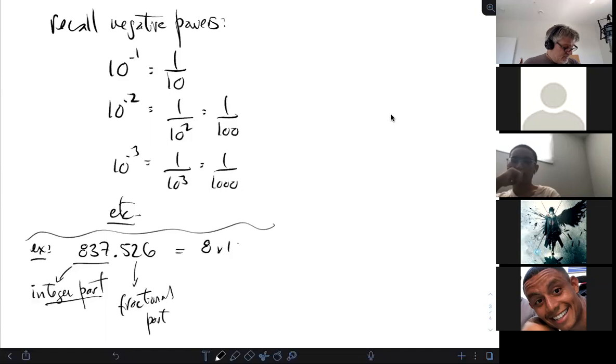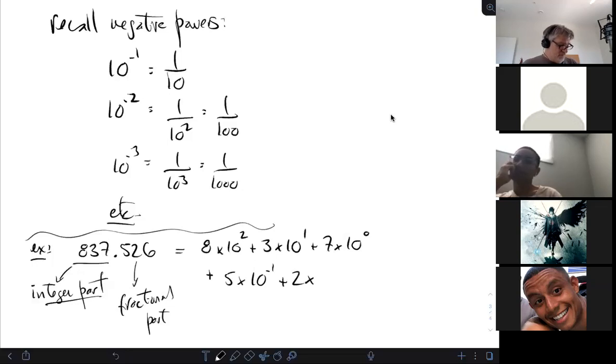So that's 8 times 10 power 2 plus 3 times 10 power 1 plus 7 times 10 power 0. And if you keep on going with the powers of 10, we've got 2, 1, 0. Then we go to negative 1. So it'll be 5 times 10 power negative 1 plus 2 times 10 power negative 2 plus 6 times 10 power negative 3, right? And if we had more decimals, then it would just keep on going.